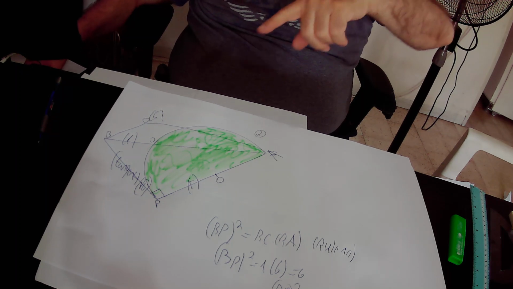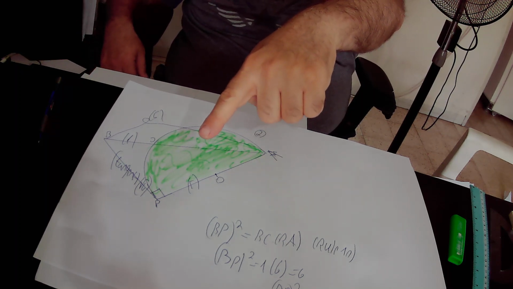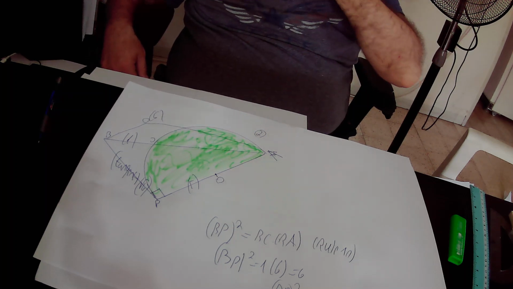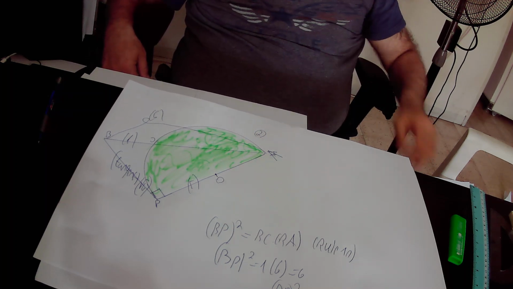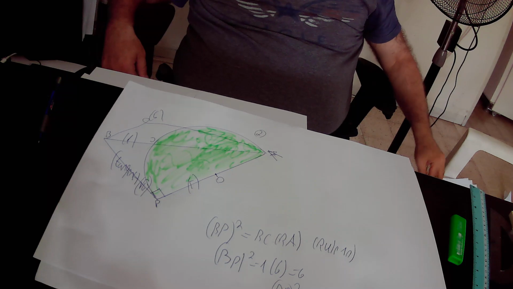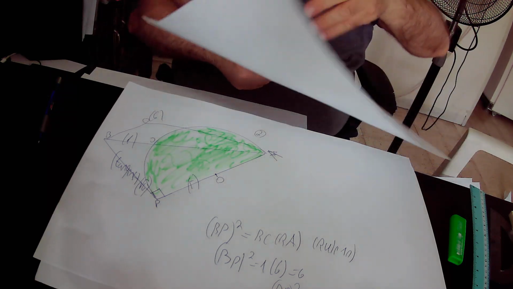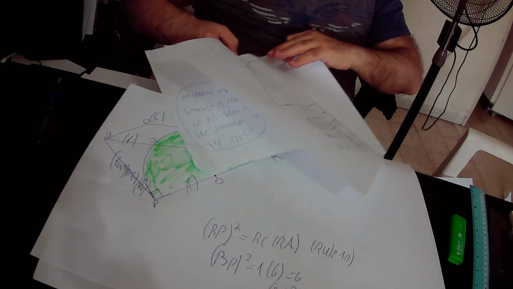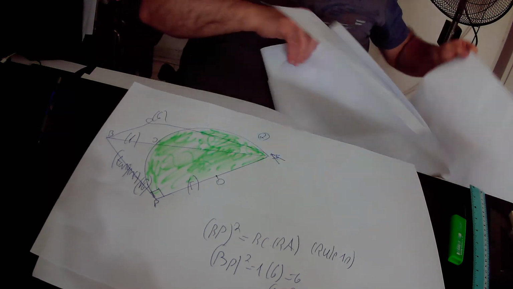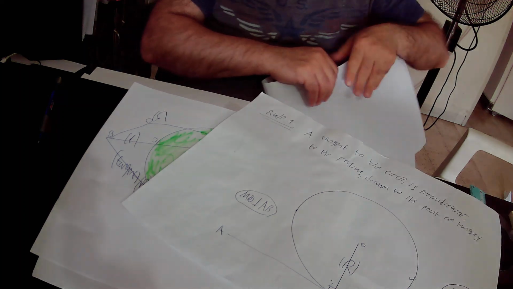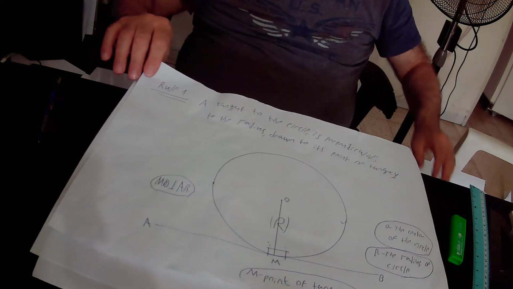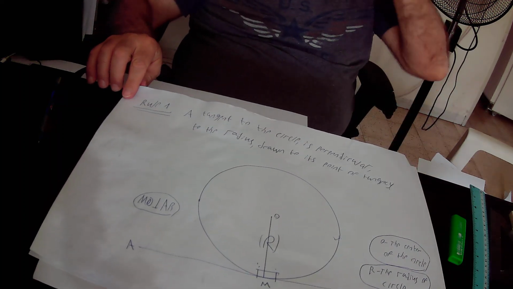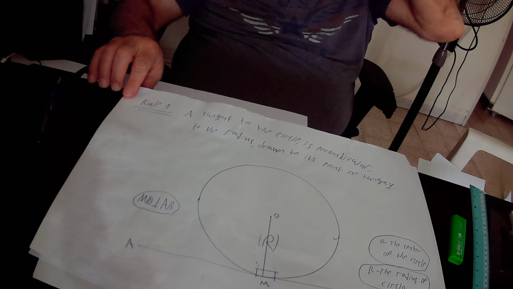And whenever you have a line segment that creates 90 degrees with the radius of the circle, you can implement Rule 1. I repeat quickly on Rule 1. According to Rule 1, a tangent to the circle is perpendicular to the radius drawn to its point of tangency.